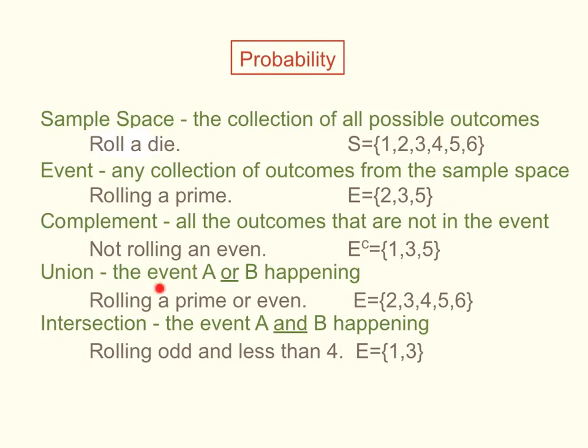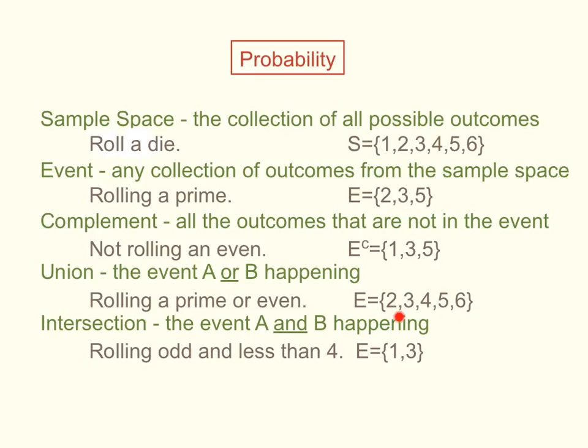Union of two events. All right, you've got an event A and an event B happening. It could be rolling a dice and rolling 2 dice, or rolling a dice and flipping a coin. As long as there are 2 things going on, the union of the events is all of the possibilities for either one of them happening, either A or B. So I've got all my prime numbers, 2, 3, and 5, and I have all the even numbers, 2, 4, and 6.